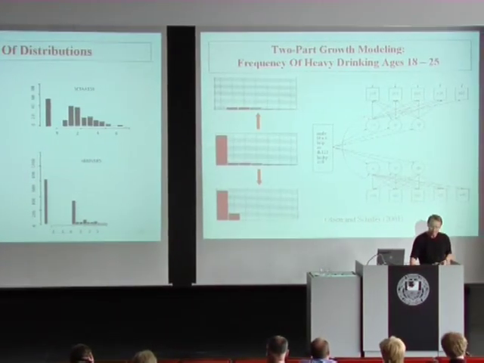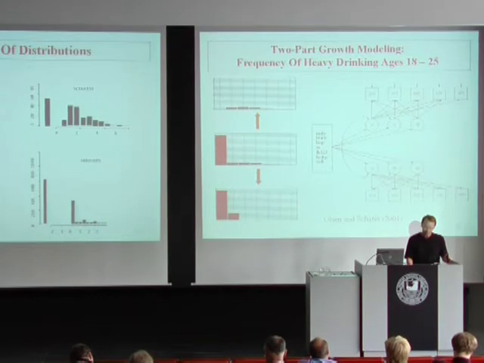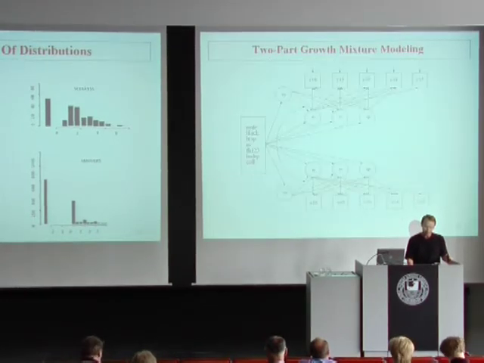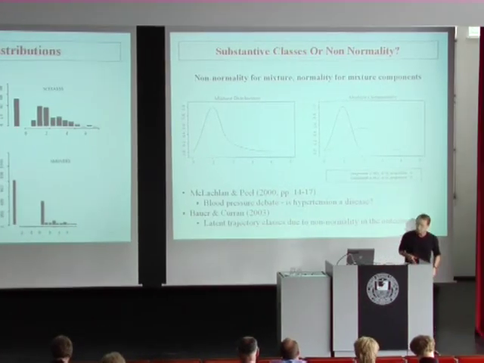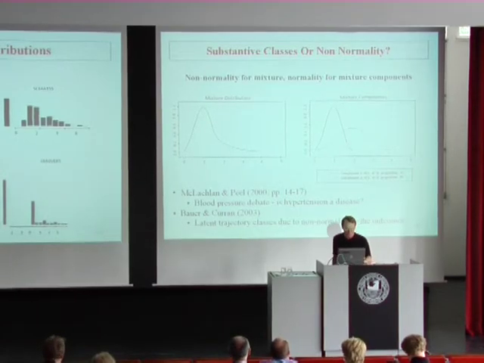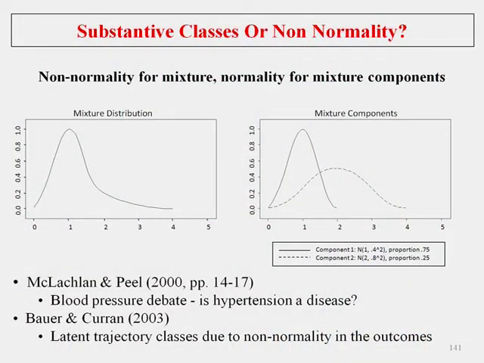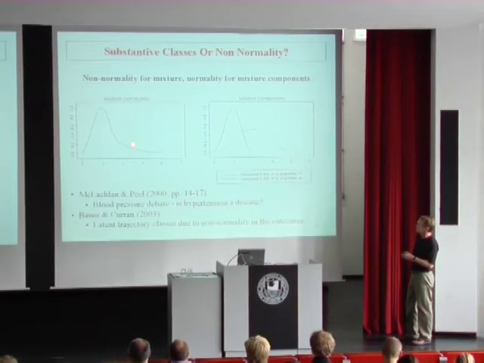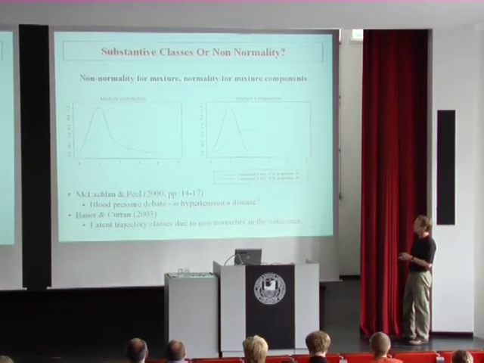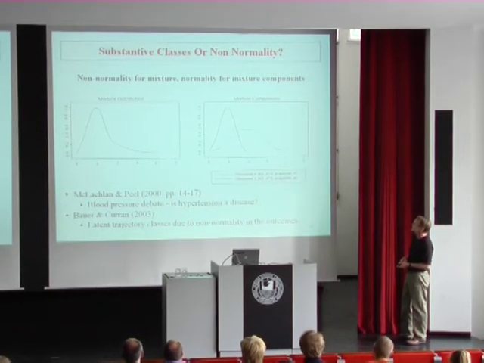And two-part modeling then being handled by this diagram that we've already covered. The other aspect that you should think about is, whoops, 141. And this one you have to think about hard, because if you see a non-normal distribution like this, there could be two ways to think about that.